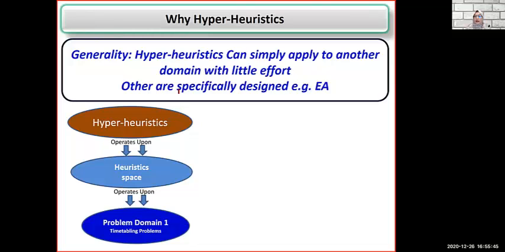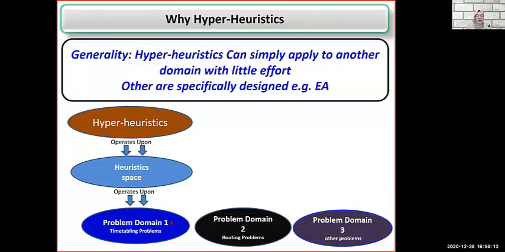So why do many researchers choose hyper-heuristic? One of the reasons is generality. Hyper-heuristic can simply be applied to another domain with just a little effort. The hyper-heuristic operates on the heuristic space, and the heuristic operates on the problem domain. Let's say the problem domain is a timetabling problem.